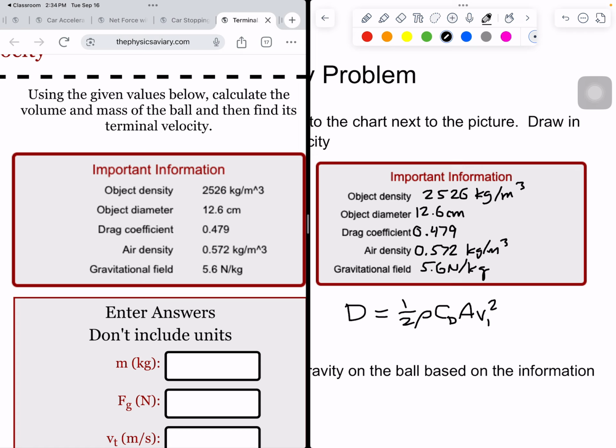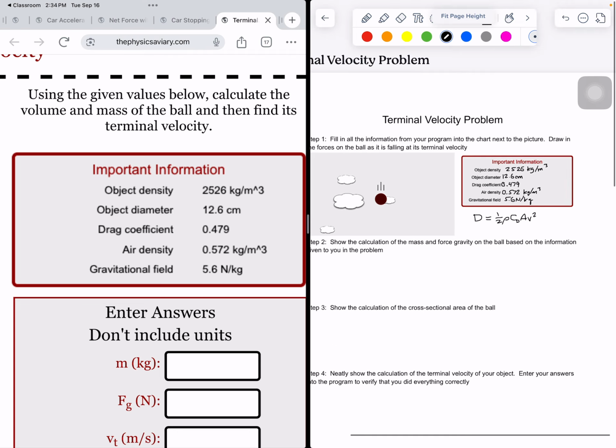Now, V is actually going to be terminal velocity in this case because we're looking for the velocity when the force is balanced or when the object stops accelerating. But really, that's just going to be velocity in general. So we'll be looking for that.